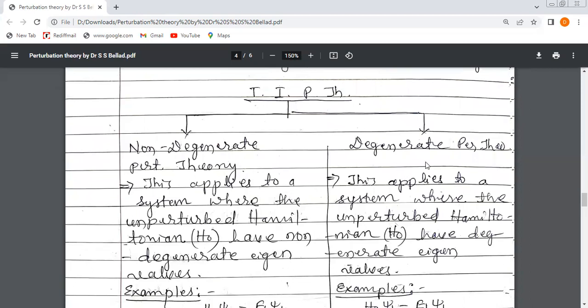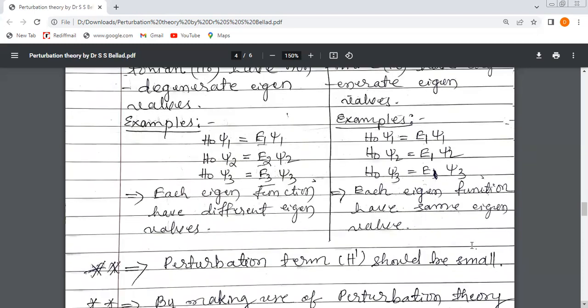Now degenerate perturbation theory, that means degenerate time independent perturbation theory. This applies to a system where the unperturbed Hamiltonian H0 has degenerate eigenvalues. Examples are here.